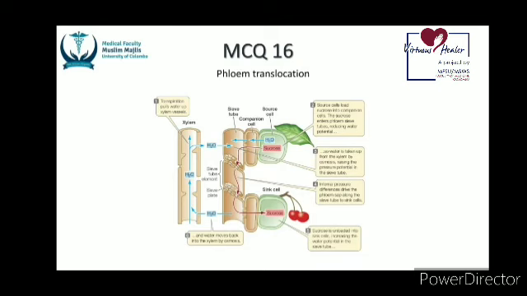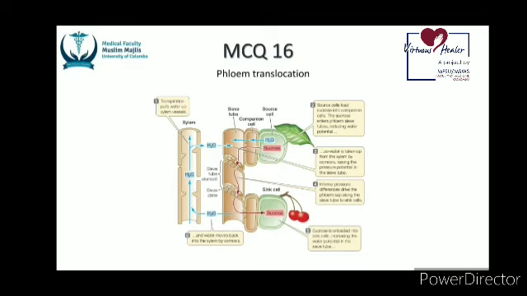During phloem translocation, at the source end, sucrose will be loaded into the sieve tubes by the companion cell. And because sucrose is an osmotically active substance, it is going to absorb water from the adjacent xylem vessels into the sieve tubes. This is going to increase the pressure within the sieve tubes at the source end.